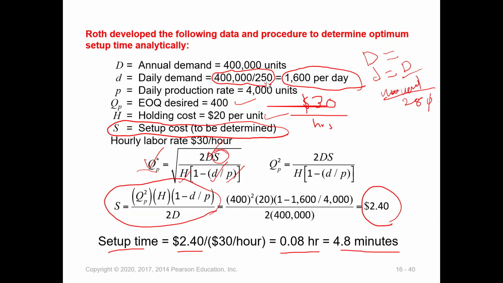But we divide by 250. We said in chapter 12, usually you have 250 working days. That's why we use 250. And usually it's given. If it's not given, you use 250.